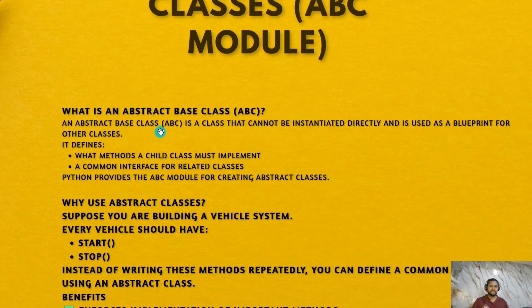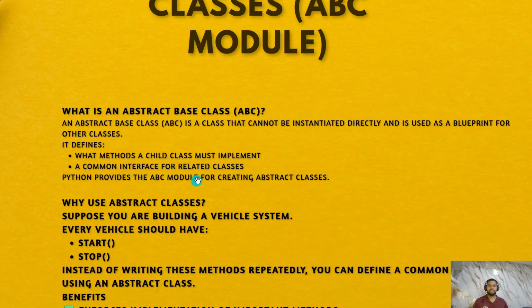An abstract base class is a class that cannot be instantiated directly and is used as a blueprint for other classes. It defines what methods our child class must implement.